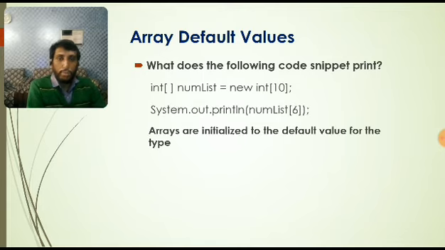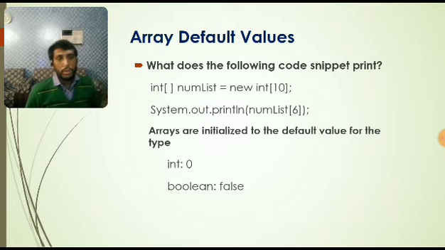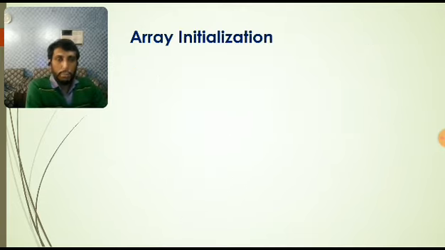Now we are going to print numList[6]. Whatever data is at position number 6 will be printed. So arrays are initialized to the default value of the type. The default value for int will be 0, boolean will be false, and String will be null. So these are the default values of an array. When nothing is passed, these are displayed by default.